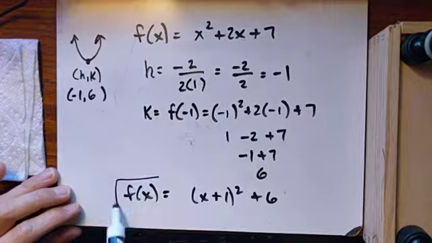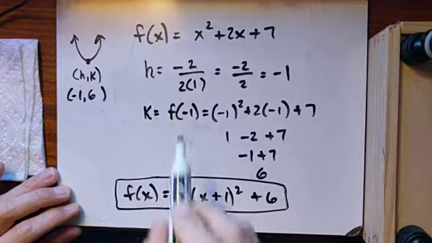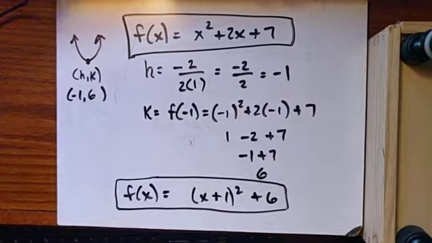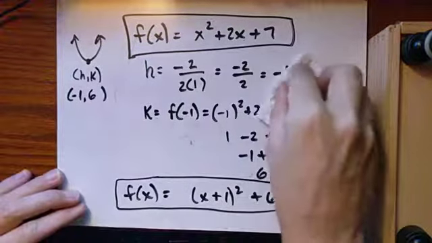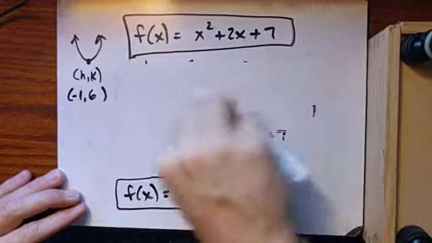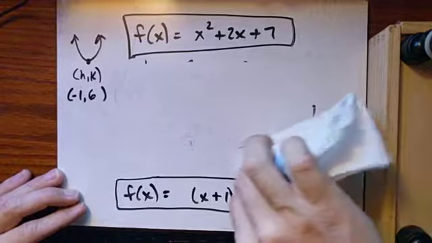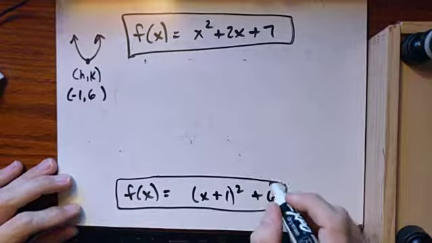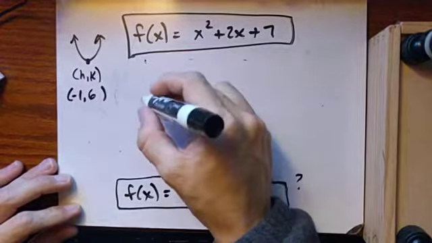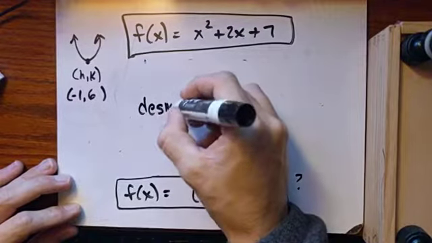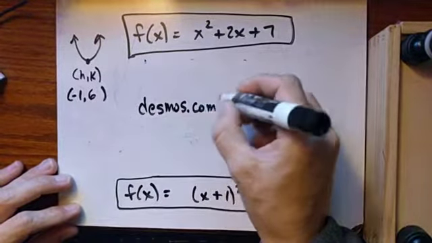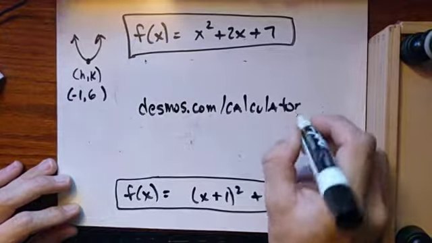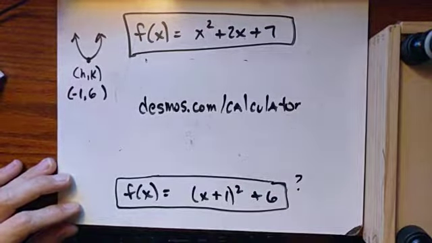Now you can go online, and again, whatever I'm erasing here, you can just rewind in the video to see again. So I'm going to erase all that. But to know if this is right, we can always go to desmos.com/calculator, and I'll try to leave this link in the comments below.